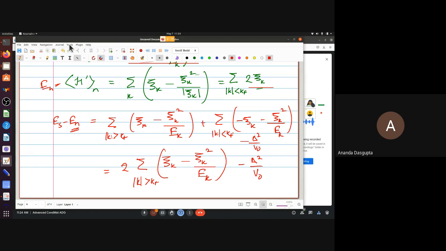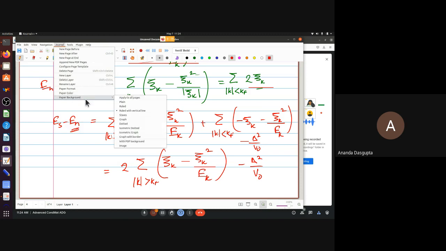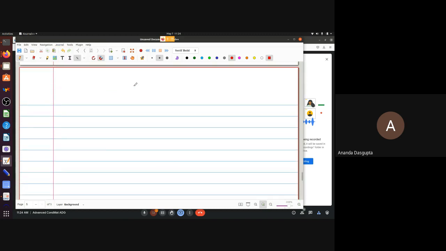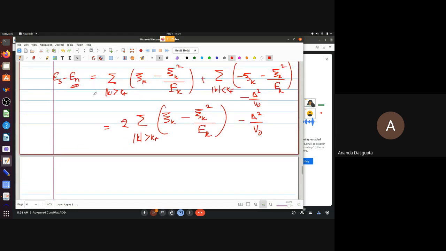Now, of course, the calculation is Es minus En that we are trying to calculate. We can again change this sum to an integral.